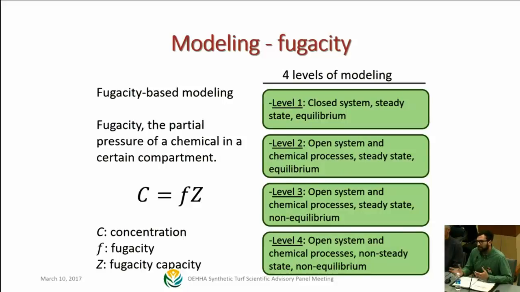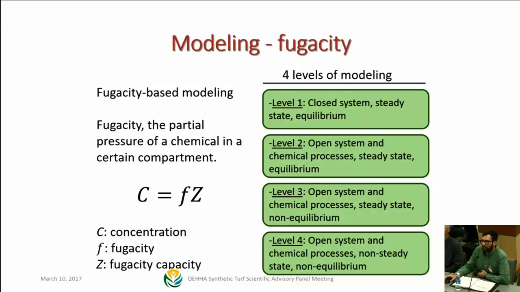Fugacity is related to the concentration of the chemical via the fugacity capacity. For those that have more of an engineering background, you can think of fugacity capacity as the relative humidity and the capacity of the air to hold a certain amount of humidity.